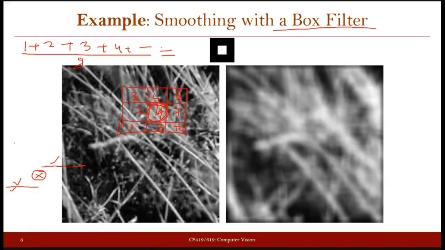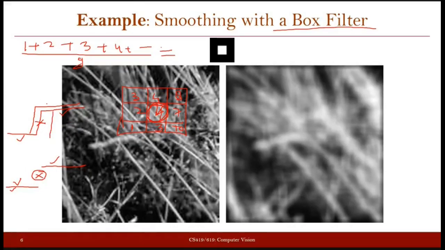So as I told you in this example, suppose you have intensities like this, and on the other side, let's say you have some intensities like this, and when you perform the average here, you get an intensity which is here, like this, right? So whatever sharpness you had, whatever jump you had with respect to intensities, with respect to the pixels around your central pixel, that difference has actually got reduced, right?